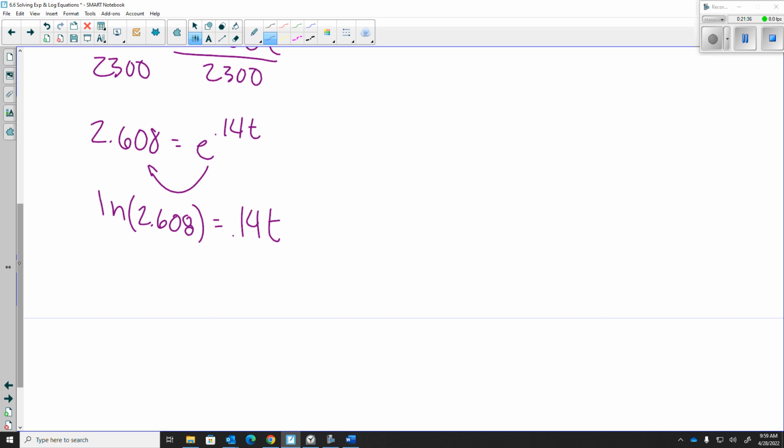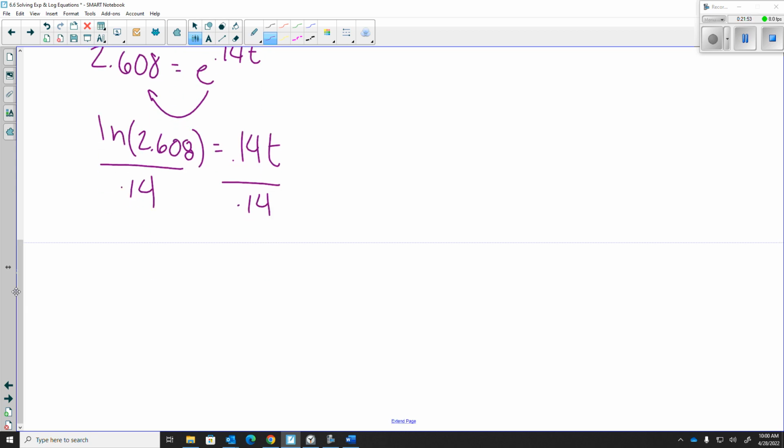This is just a number. You can figure out what it is in your calculator. What do you need to do to get t? Divide by 0.14. So you're going to do ln of this in your calculator, and then divide it by 0.14, and it'll get you a number. What is that number? 6.847.